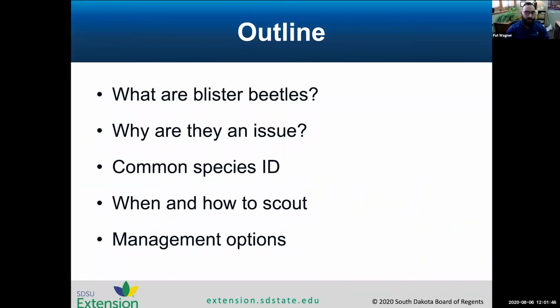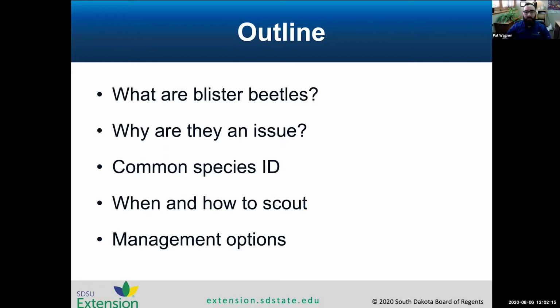Starting out here with an outline of what I'm going to talk about today. We'll start with an overview of blister beetles in general, what they are and the defining characteristics. Then we'll go into why they're an issue in South Dakota and across the country, and how they can cause problems for alfalfa production.